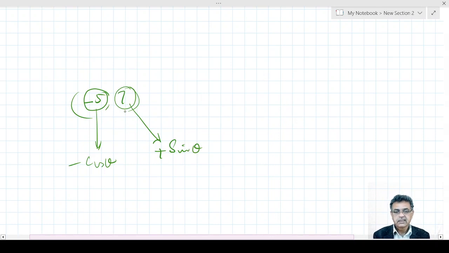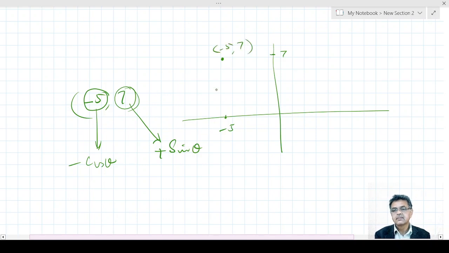Okay, let's see if this point is marked on a grid. Let's say this is minus 5 and this is 7. This is the point minus 5, 7. When this point is joined with the origin, this is the angle made with the x-axis by the line joining this point to the origin.